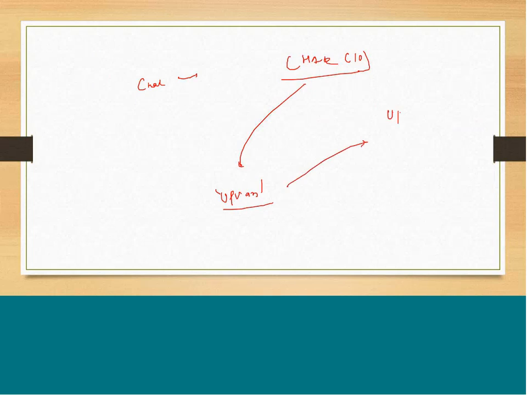Now there is one more interesting property of char. Let's suppose I have defined something as char 10 and I am storing the value UPVAN inside char 10. It will be stored in the database as UPVAN padded with 5 spaces.